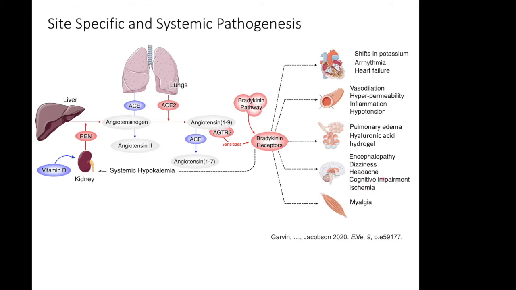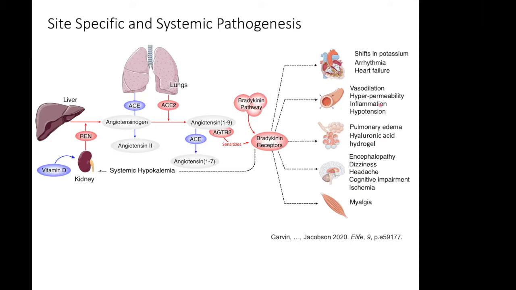MRI studies of COVID-19 patients are showing the sort of leakage of fluid and swelling of the brain, the pulmonary edema and hydrogel I talked about in the lungs. If this is happening in the intestines, an excess of bradykinin will cause fluid to flow into the lumen of the intestine. Well, that's diarrhea, and the surrounding cramping and pain sensitization from the other bradykinin receptor. These sorts of GI symptoms are very common in COVID-19 patients.